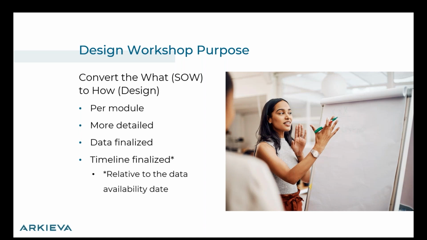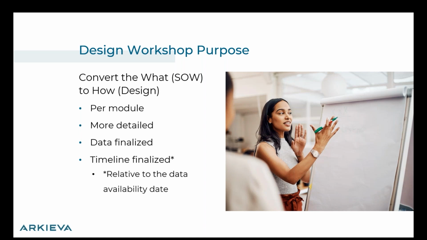It has to be more detailed than the SOW. The typical ratio that I think works is somewhere between 1:5 to 1:10. So if the SOW is 5 pages, the design document should be between 25 and 50 pages. That's the level of detail you will have by the time your design workshop is done.